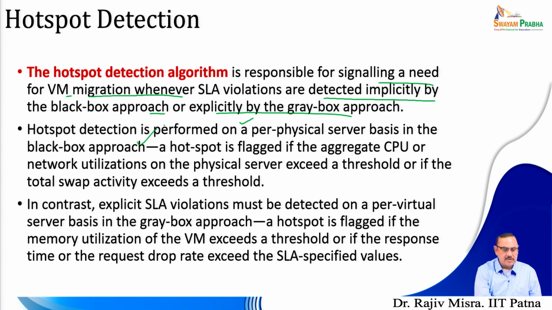In a black box approach, a hotspot is flagged if the aggregate CPU or network utilization on a physical server exceeds the threshold, or if total swap activity exceeds the threshold. In contrast, explicit SLA violations must be detected on a per virtual server basis. In the gray box approach, a hotspot is flagged if the memory utilization of the virtual machine exceeds a threshold, or if the response time or the request drop rate exceeds the SLA specified values.